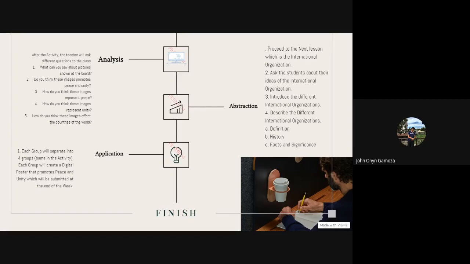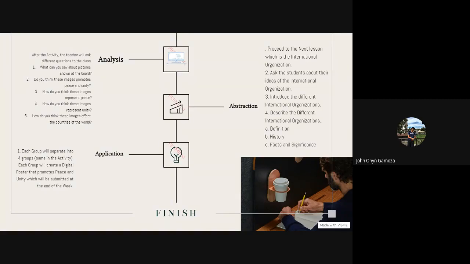The composition of describing this topic includes the definition, even their brief history, and additional information about the organizations, and especially their significance.